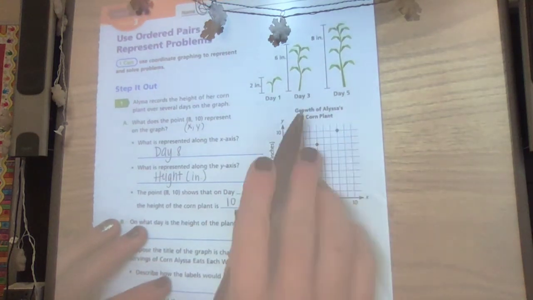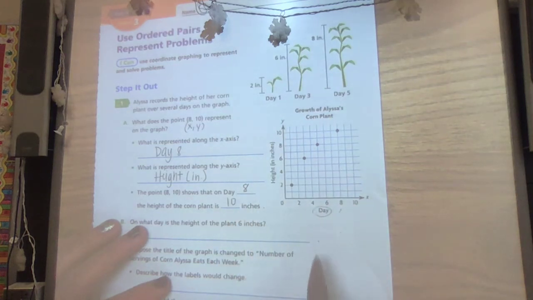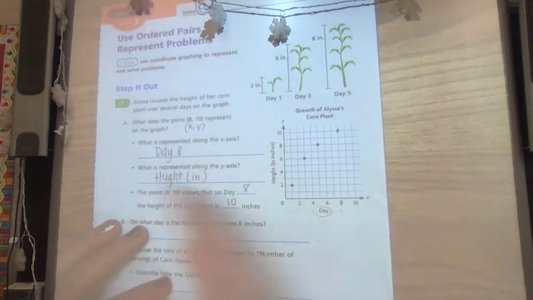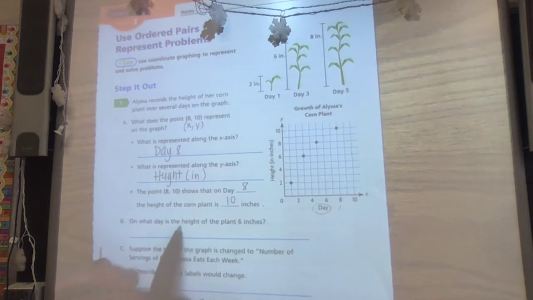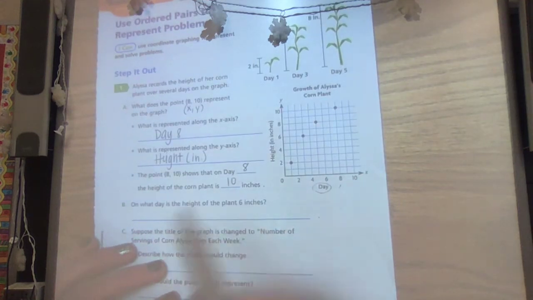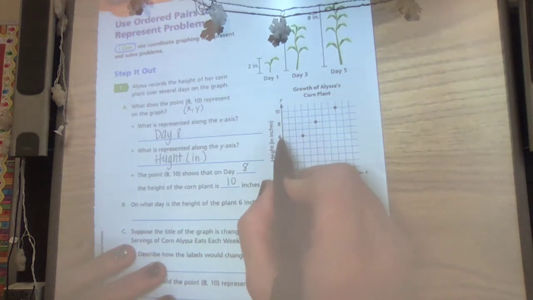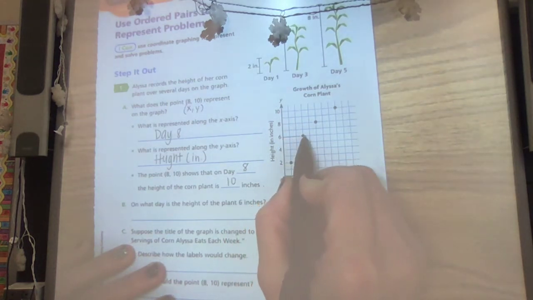That's why when we look at graphs, we need to look at the title and the x and y axis to see what they're representing here. And it tells us everything. So on what day is the height of the plant 6 inches? Okay, so I'm going to look at height, and I'm going to find 6, and then I'm going to go over till I see something there.